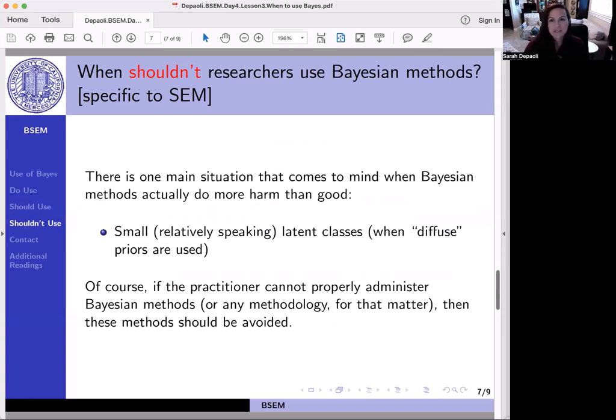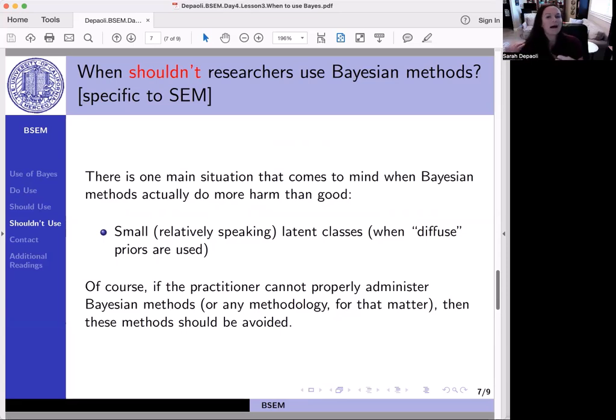This is a situation that's tied to something on the previous slide. In the case where you're working with latent classes and you do not know the size of those latent classes or their relative size, and your plan is to rely on default diffuse settings for the class proportion prior, you can really mess things up.